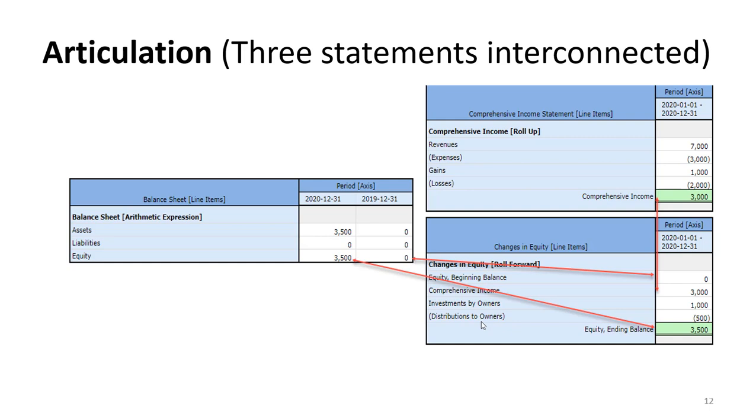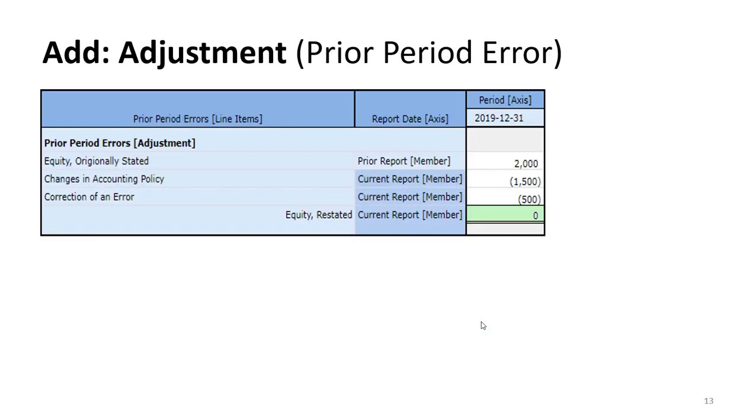Okay. So now I'm going to add additional information patterns to build out this proof example so that I have 100% coverage of all the possible things that would ever appear in an XBRL-based financial report. The first thing I'm going to add is what I call an adjustment. People may refer to this using different names.